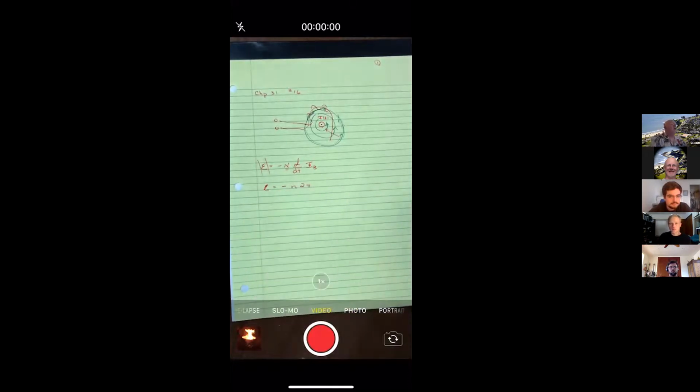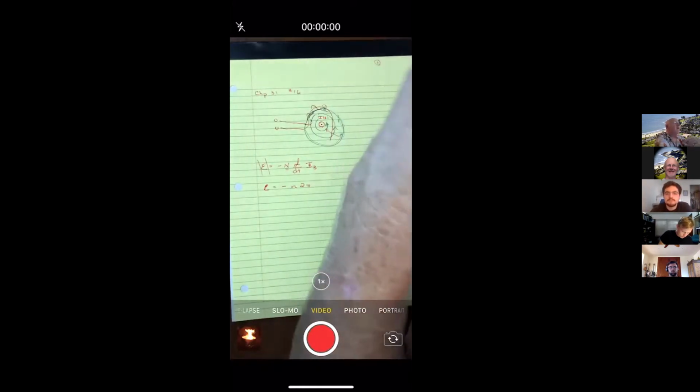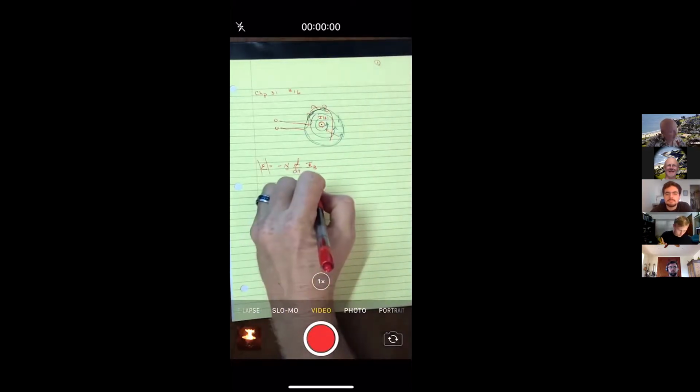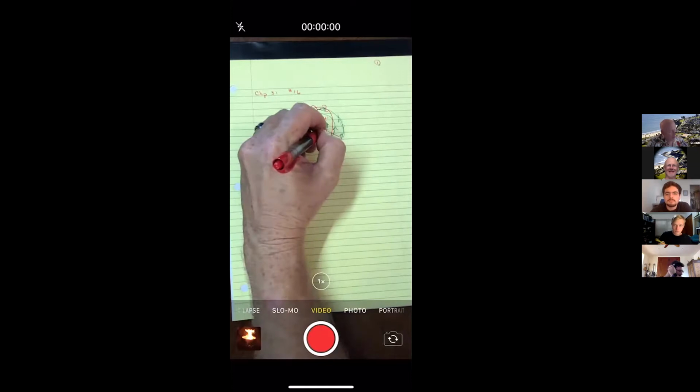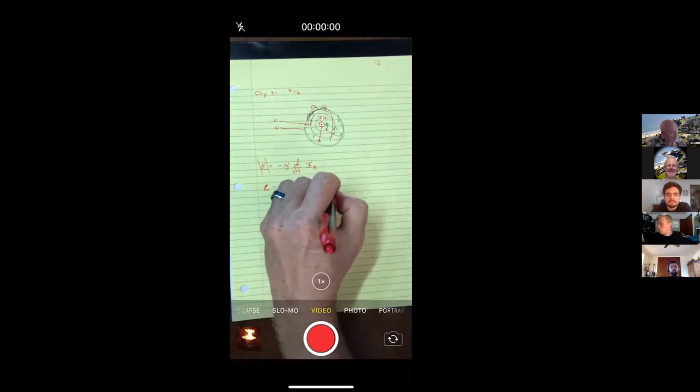Do they give me an R? So how did they define n? I want to be careful here. n represents the number of turns in the toroid per unit length. Okay, I'm going to call it R, and say that this coil has a radius of R. That would be the number of turns.